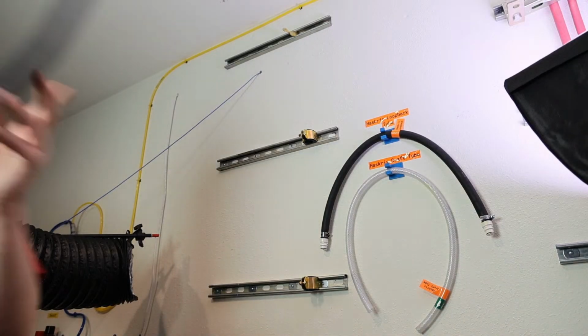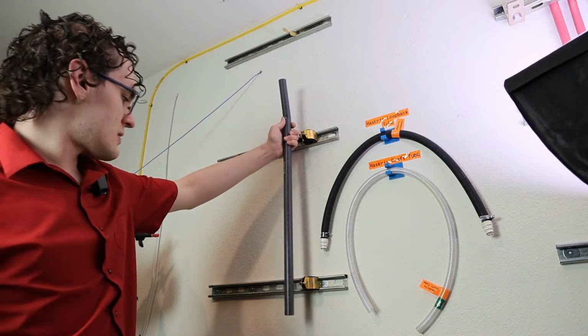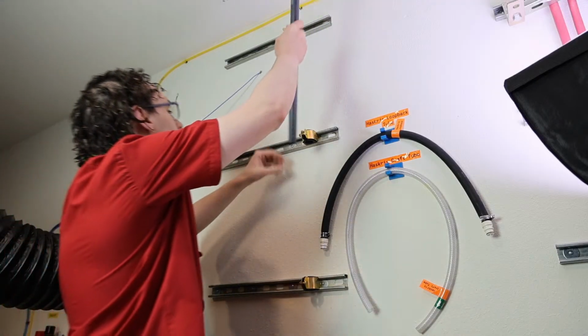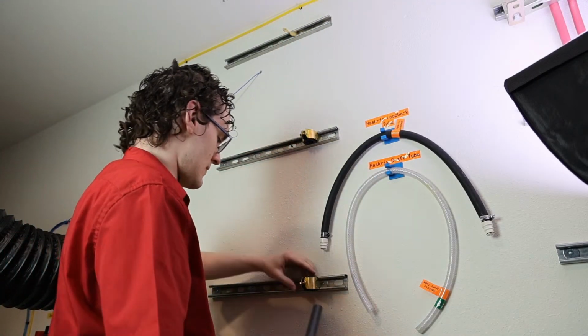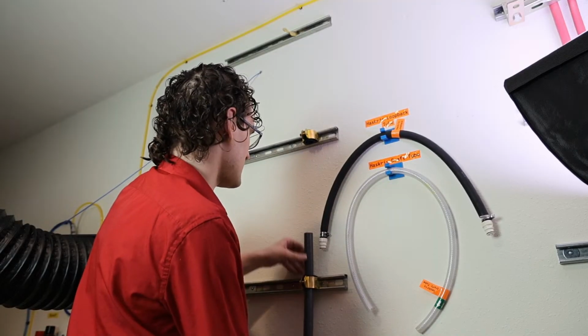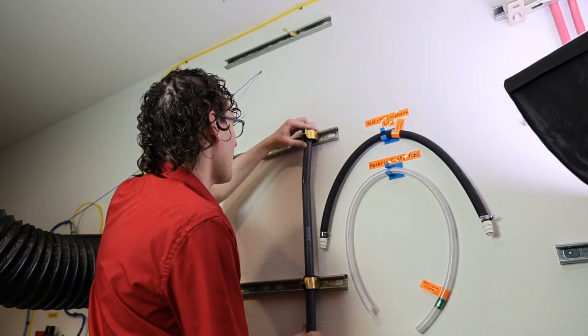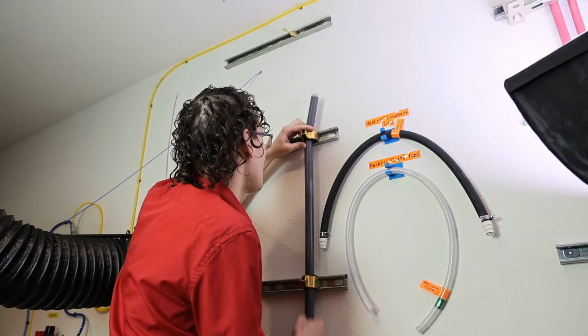So we got just kind of a test piece of PVC here. This one's a little bit awkward because I did a test bend in it. We might be able to get that through still. Yeah, there we go.